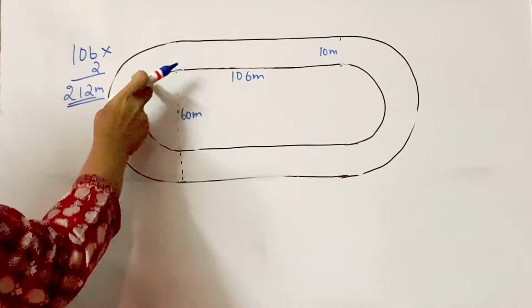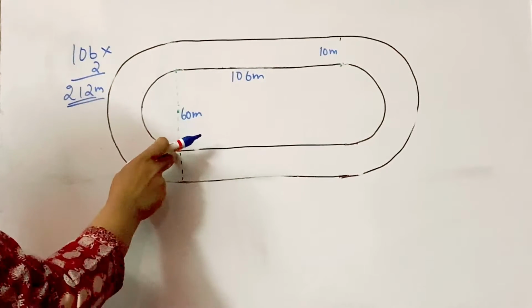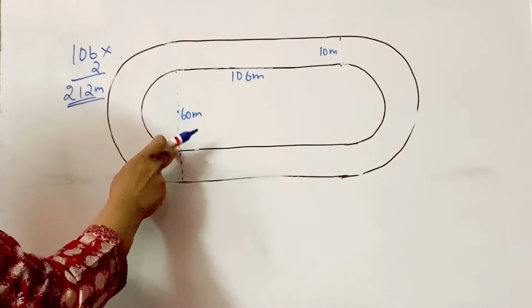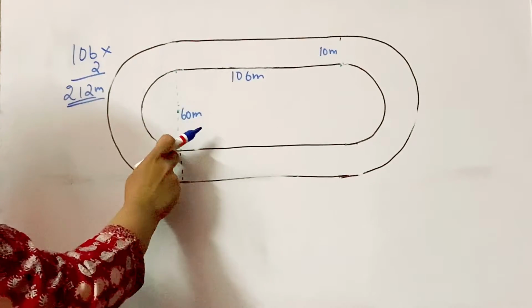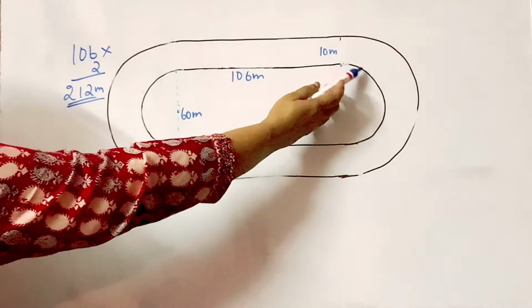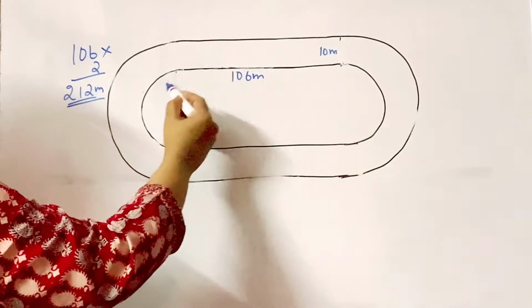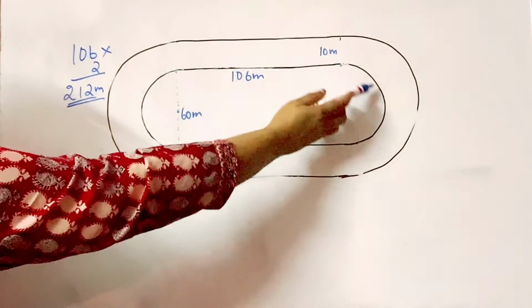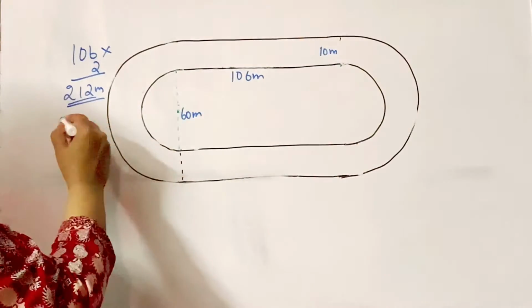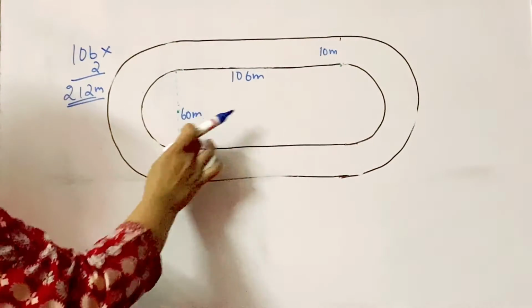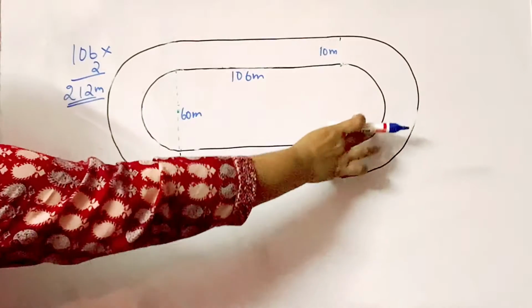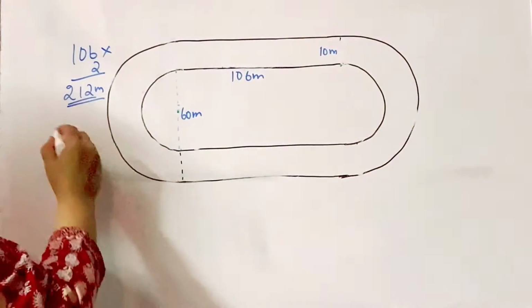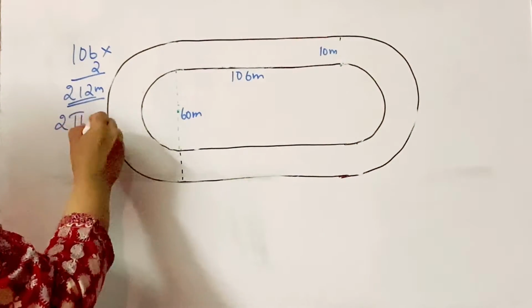So pi r is pi into 30. Here 1 pi r is here. Here this is another pi r. So pi r plus pi r, that is 2 pi r, is the total length of the semicircular ends. Isn't it?